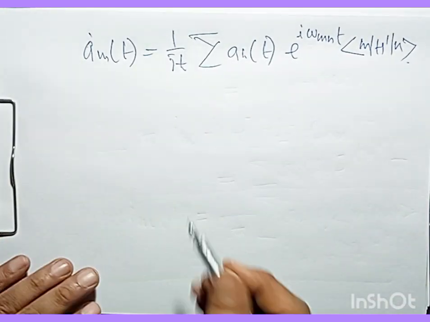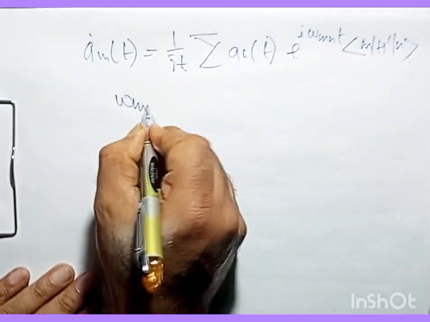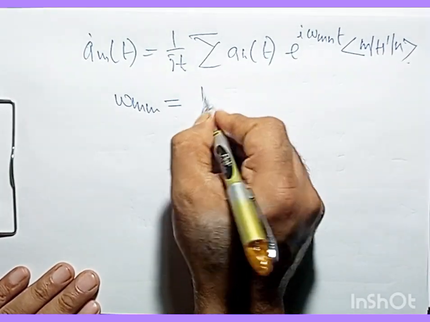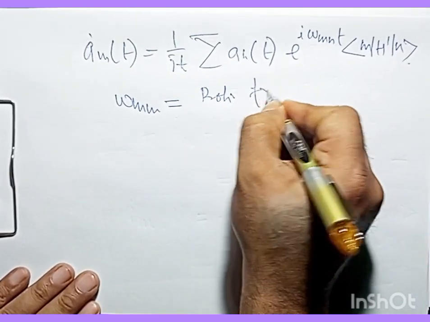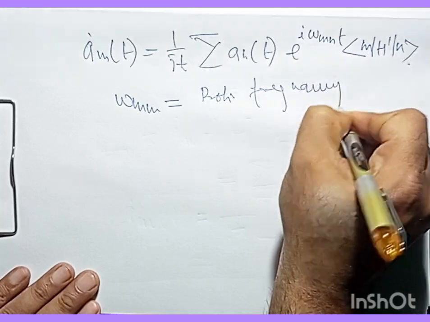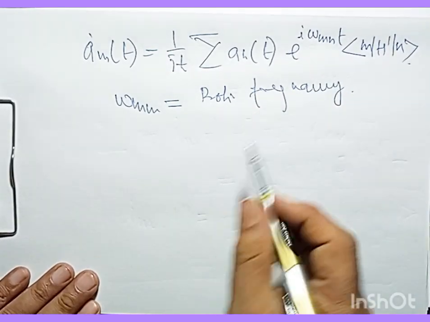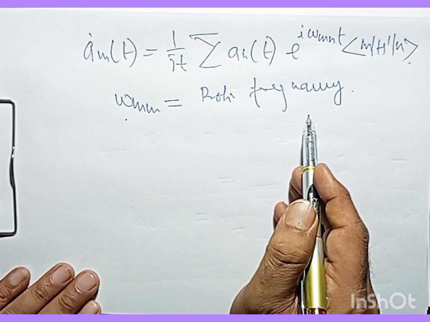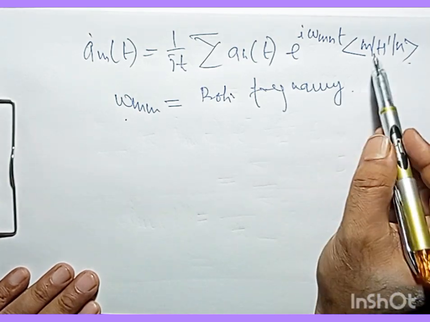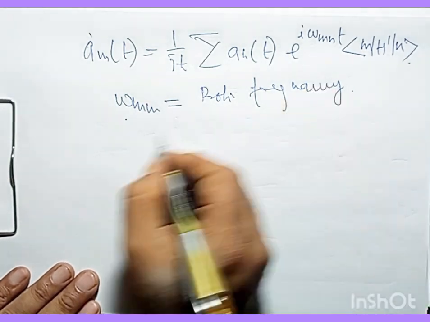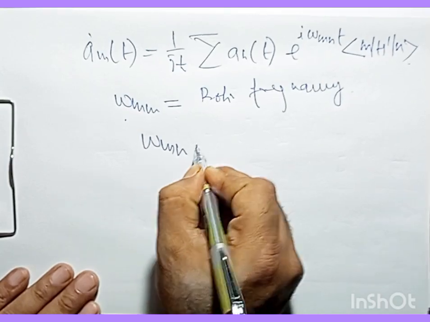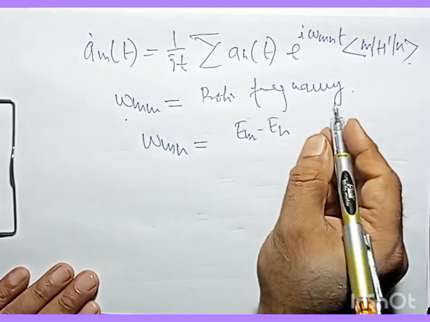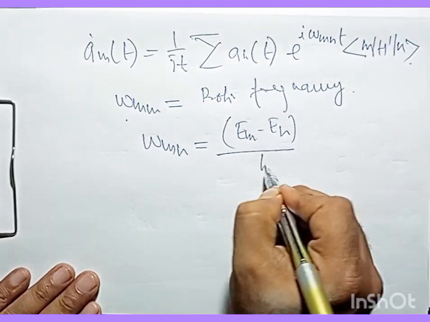Right. And what is this omega mn here? This omega mn is the Bohr frequency, which is proportional to the difference in energy between the state m and n. And we can write down this omega mn equal to (Em minus En) by h bar.